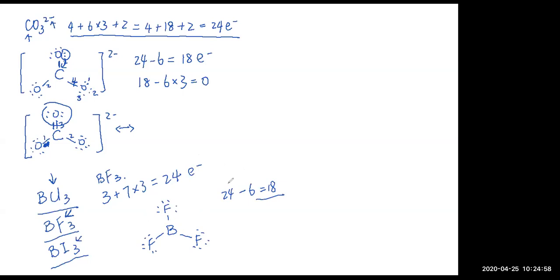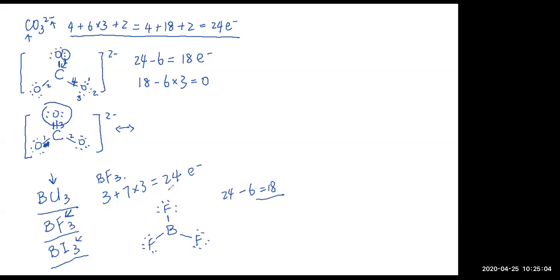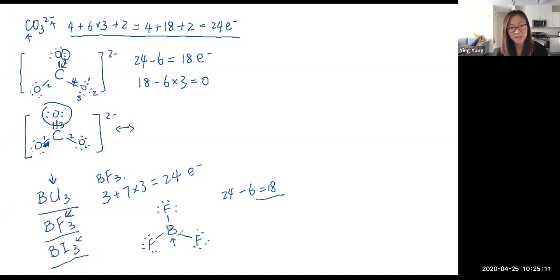Now, in this case, do we need to share any electrons to form a double bond? No, because only 6 valence electrons can bond to boron, since boron is happy with 6 valence electrons. Now, what is the molecular geometry for this molecule?